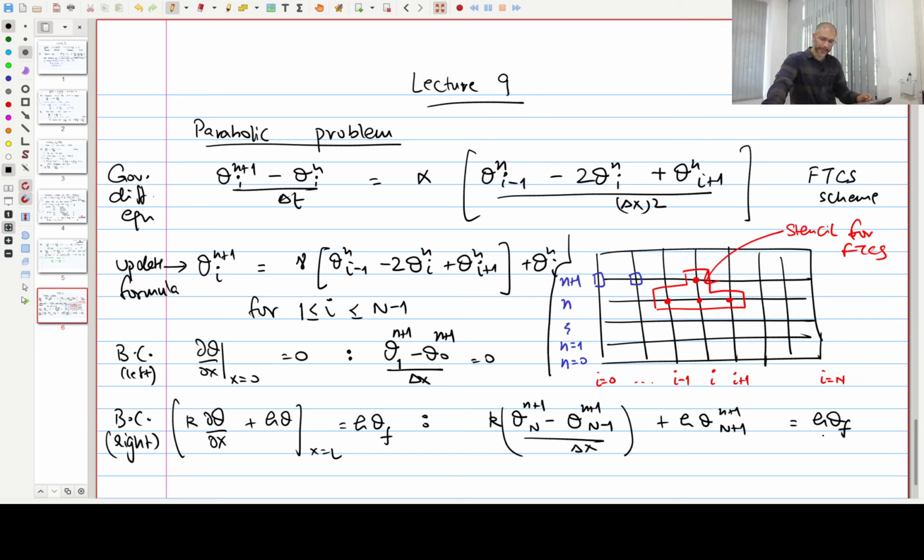You can see that all the unknown thetas are written at the n plus 1th time, theta f is already known, and the derivative uses a backward difference, because we have no information about what's happening to the right of the boundary. We only have information about what's happening to the left of the boundary. So it's theta at the Nth spatial index, capital N, minus theta at capital N minus 1 upon delta x, which is how we discretize the derivative at the right boundary. For the theta value, it is simply theta at capital N.